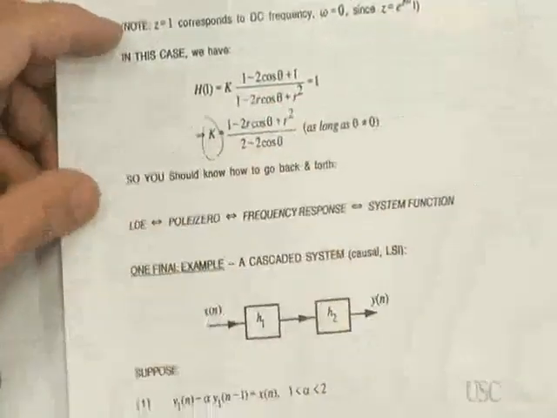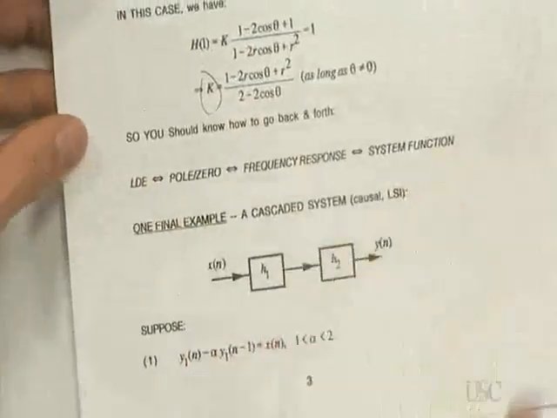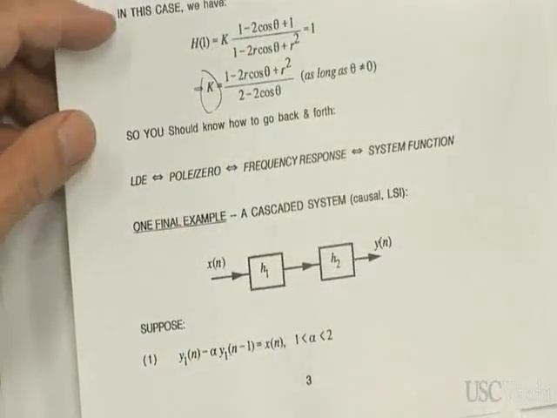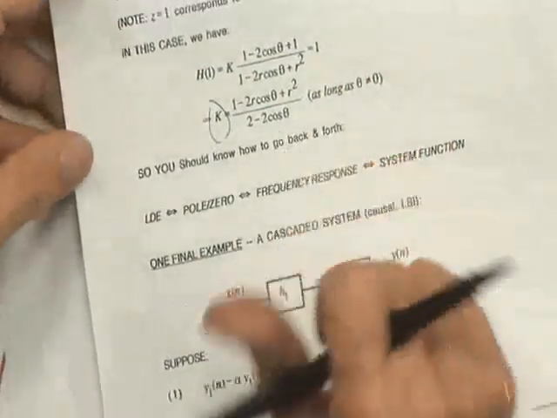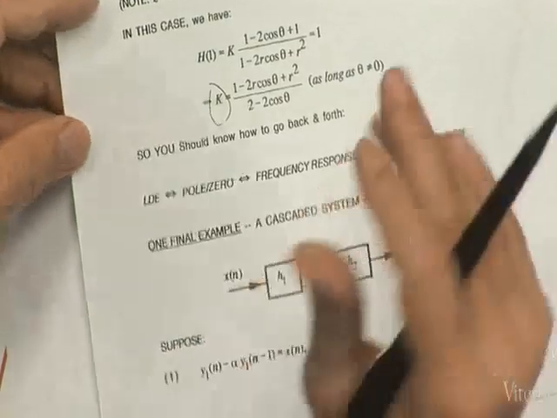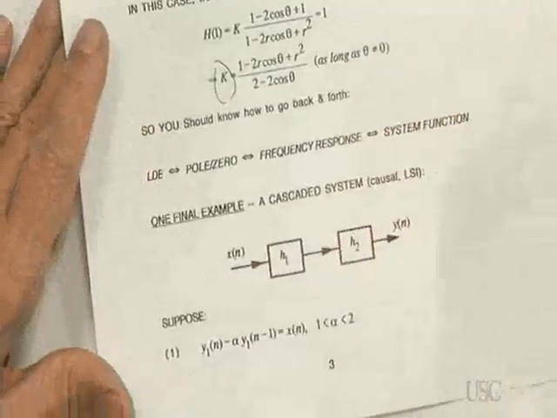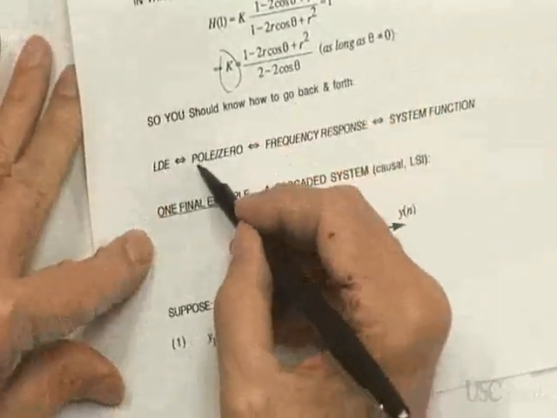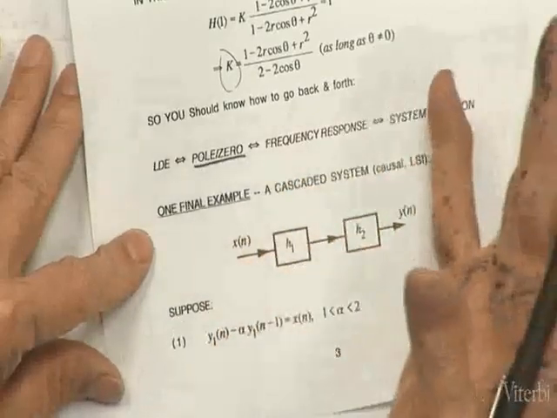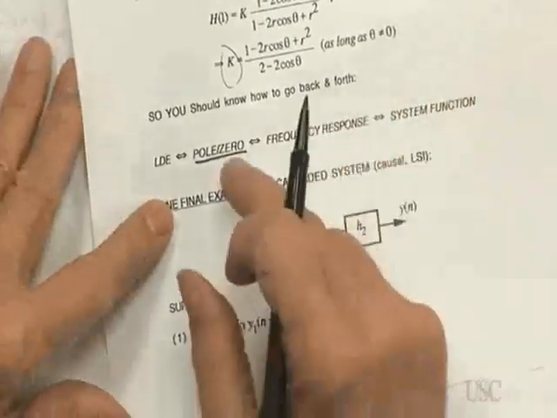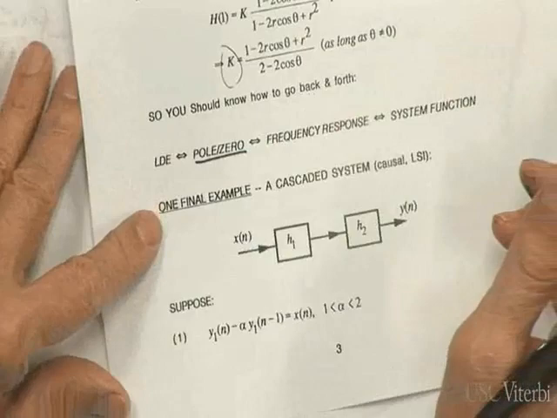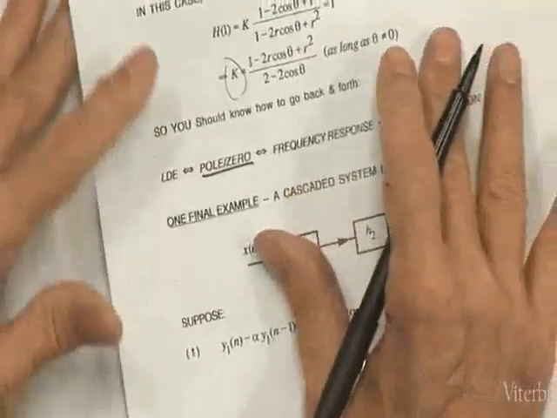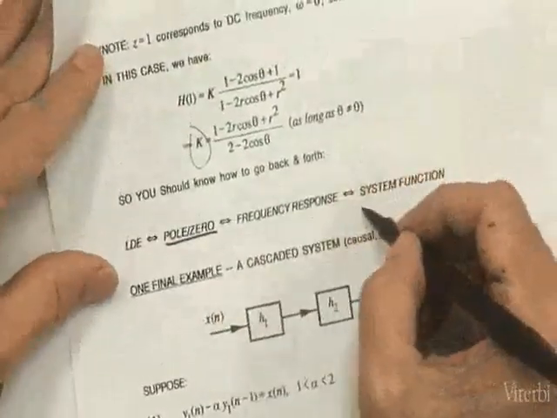Okay, so here's what you should know now. The first thing I told you that you needed to know is how to go from the Z transform to the difference equation and back. Now I'm going to give you some more assignments. Now what you should know is if I give you the pole zero locations for a causal linear difference equation, you should know how to construct the system function.